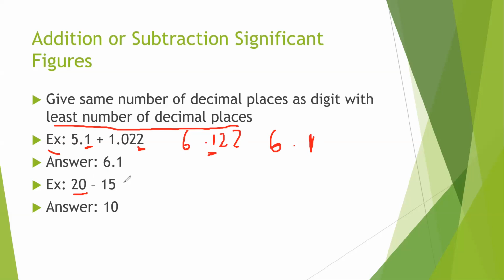So when we actually do the subtraction, we get 5, but we only report it to the tens digit because that's the least number of decimal places, which is 0. But then we have to round up that 5 to equal 10. Yeah, chemistry can be different than math sometimes.